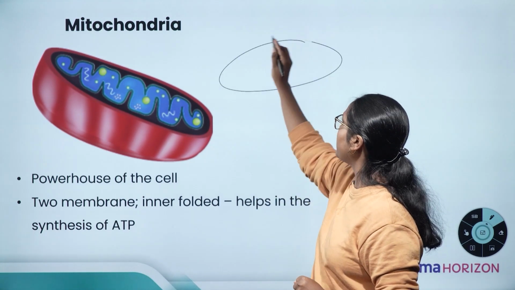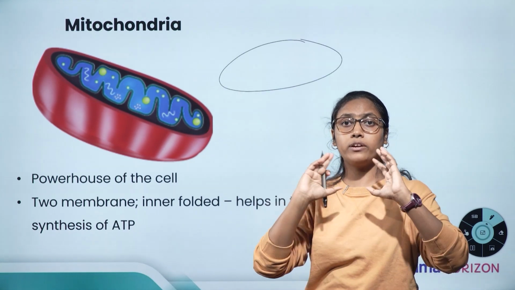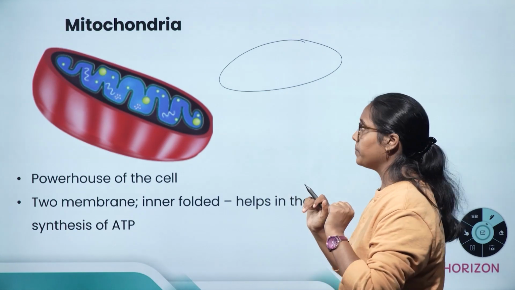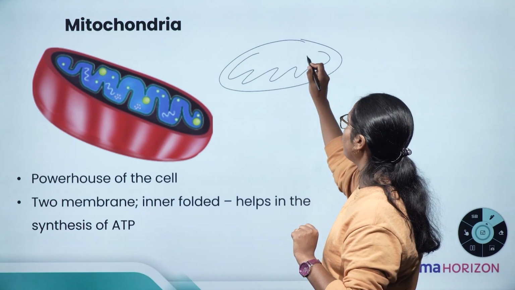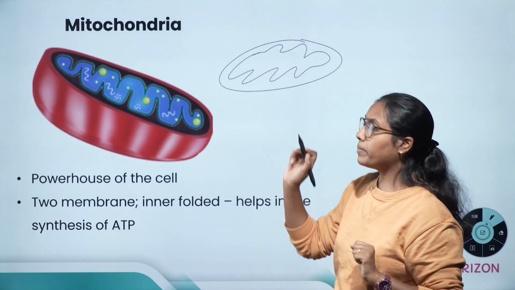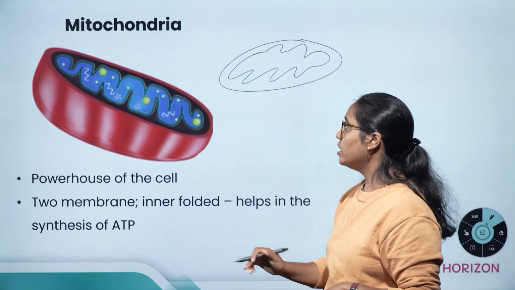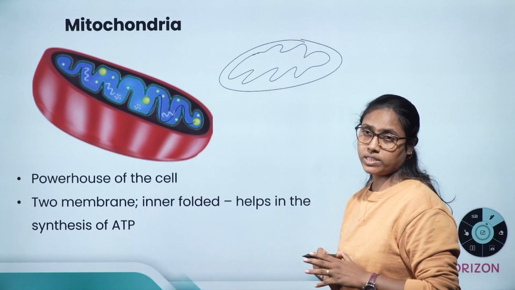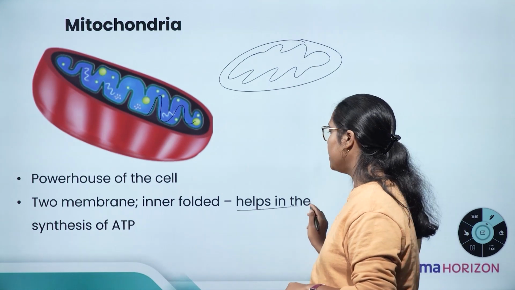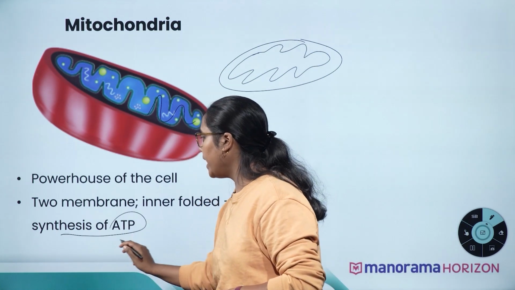Usually the outer membrane of the mitochondria is continuous, whereas in the inner membrane of the mitochondria you will be finding a lot of folds. You can see here in the inner membrane, you can find a lot of folds. These folds help in the synthesis of ATP.